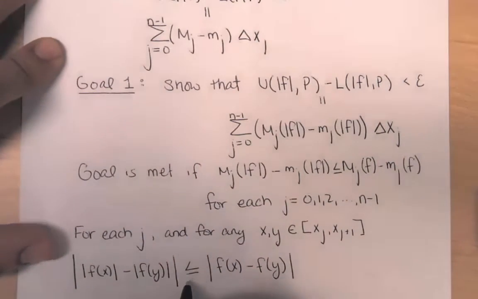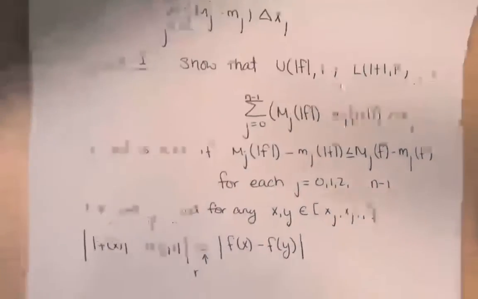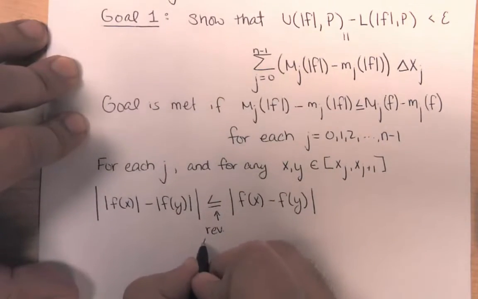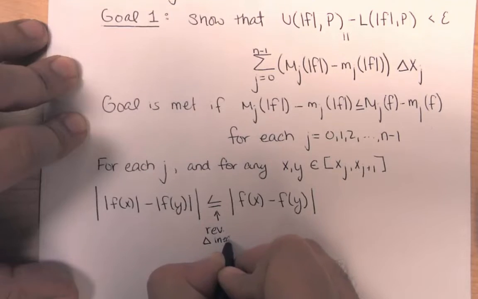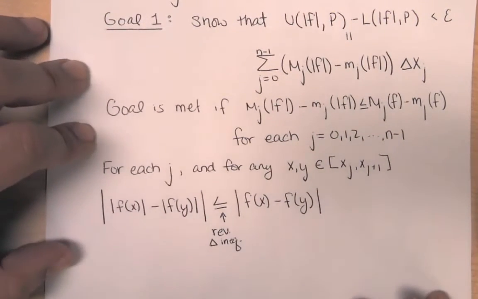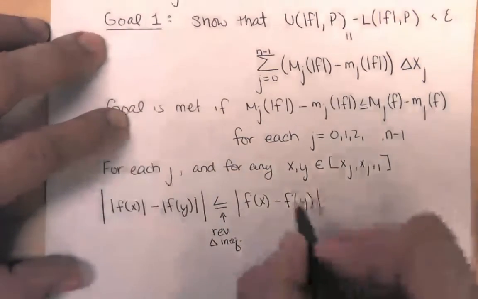This is the reverse triangle inequality. Right, so this result just follows by the reverse triangle inequality.